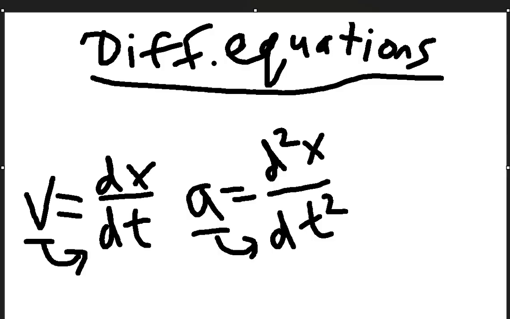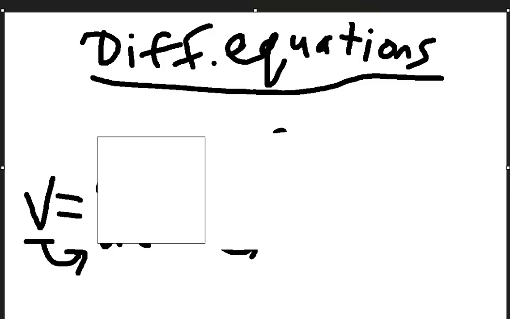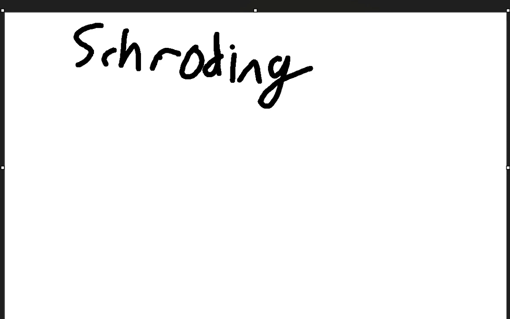And I won't go too much into depth just yet, but the Schrodinger equation, I better write this down. This will come up next time. I better make sure I'm spelling this correctly.